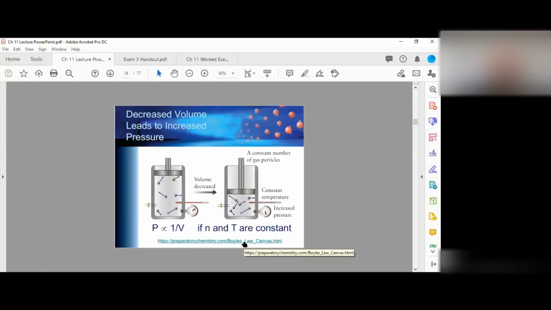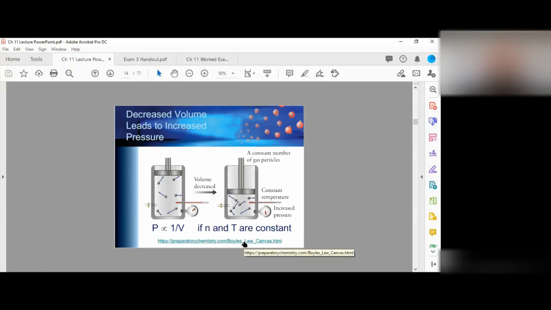Think of the can of soda. If you open it, what's going to happen? You're going to hear a sound. Why is that? Because the pressure got decreased because of the volume being increased. Once you open the can, you increase the volume, where the gas molecules can escape and fill up that larger volume. And once that volume gets increased, pressure will get decreased.